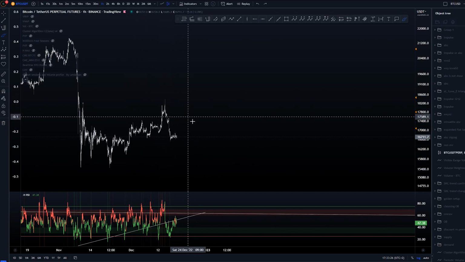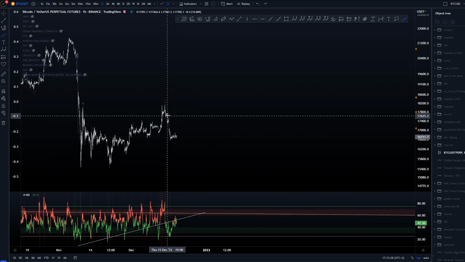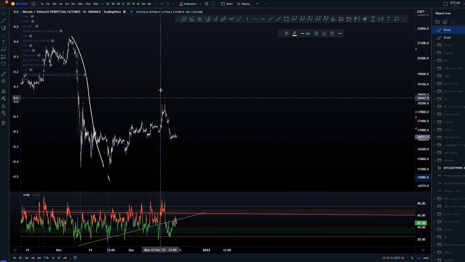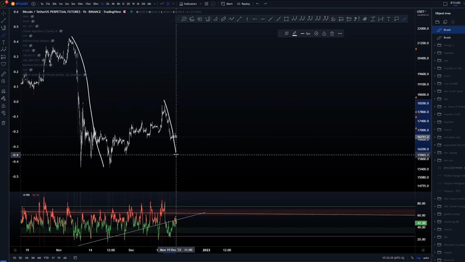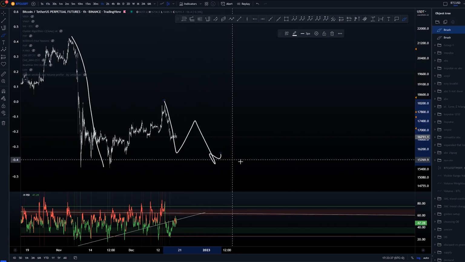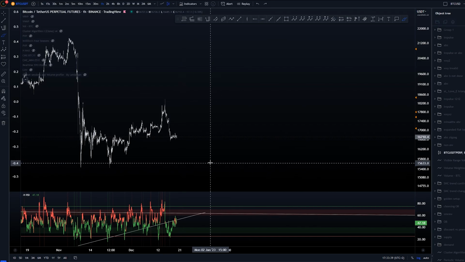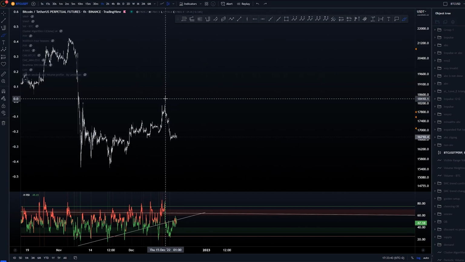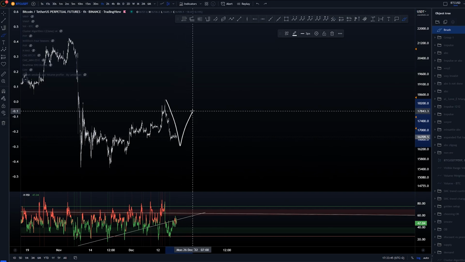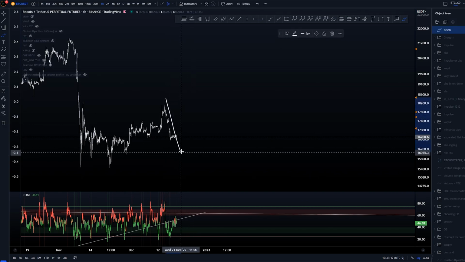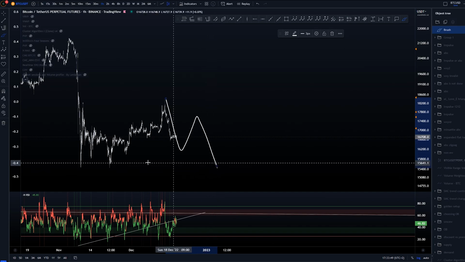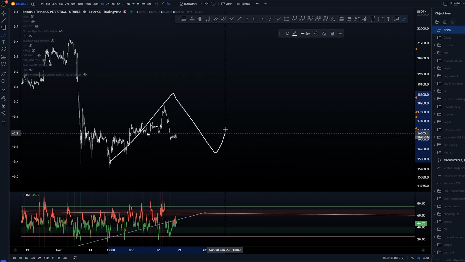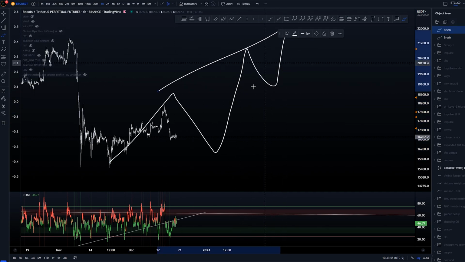But again, that is something that can fit into multiple ideas. Either this coming down as a wave 1, this being 2, and another 1, 2 setup here, before the thirds come down and crash all of Bitcoin and all the crypto, or this would be creating that 5th wave and 5-wave structure into an A wave, B wave, and then C wave. Without taking out these lows, we could again be having that as a 1, 2, 3, 4, and 5, creating that diagonal here.